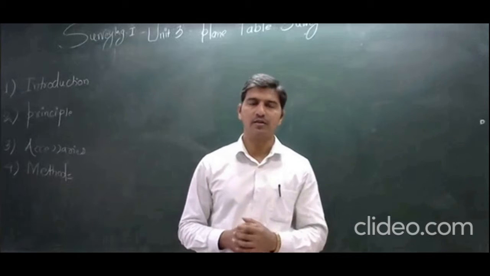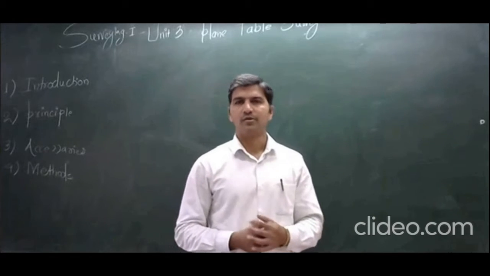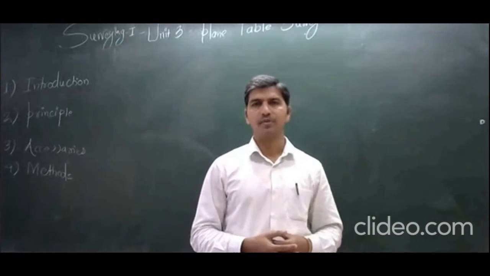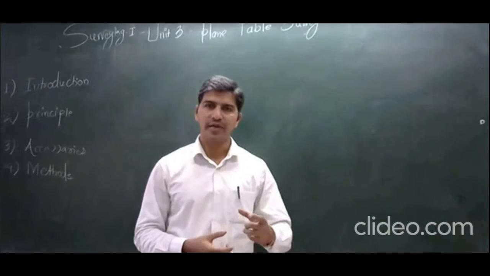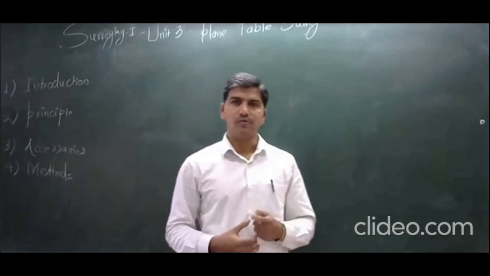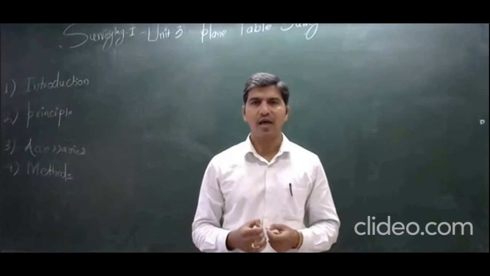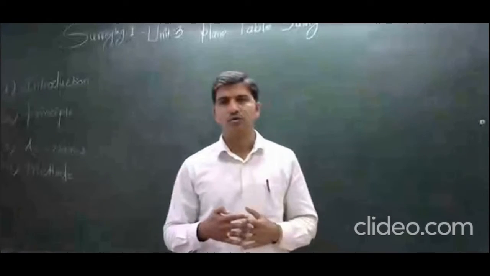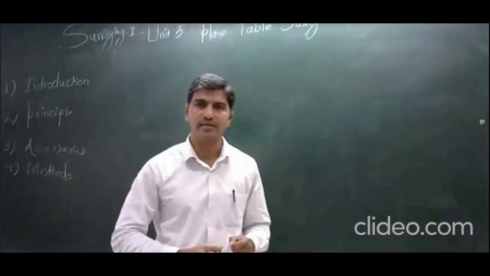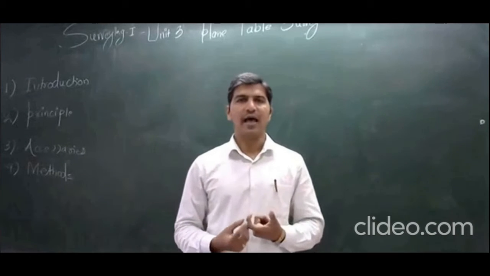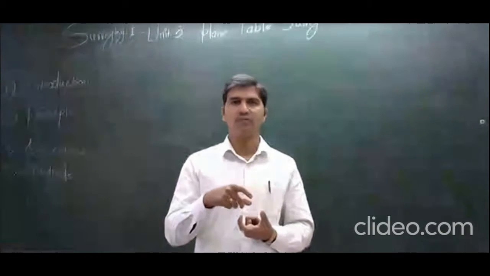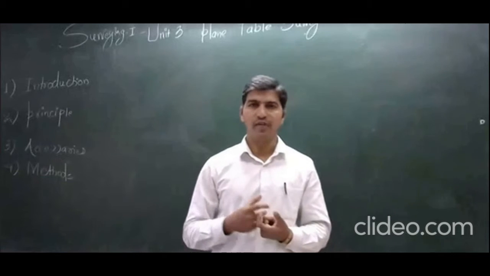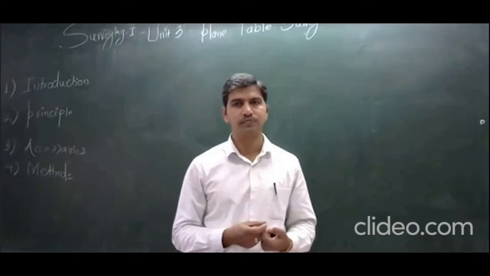Earlier, in leveling, what did we do? First of all, we took the levels. If we consider the example of indirect contouring, we took the levels by using the leveling instrument. We kept the staff at each and every point. Let us say it is a contouring project. We drew a number of squares of a particular size, and on the corners of the blocks we kept a measuring staff and took the observations.